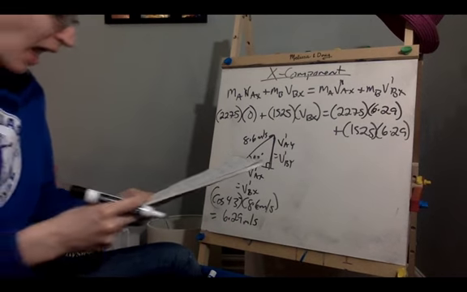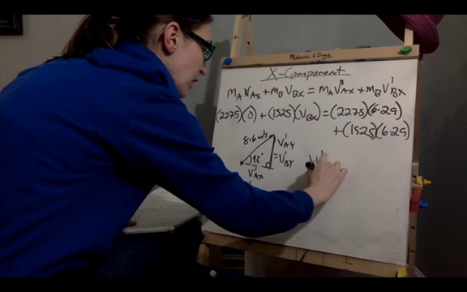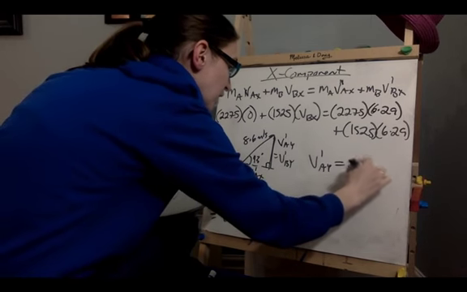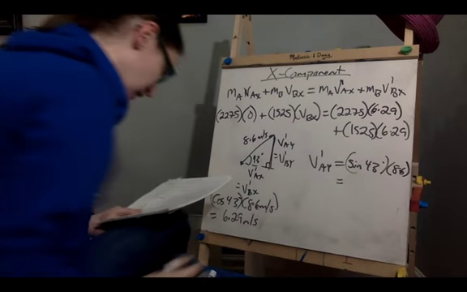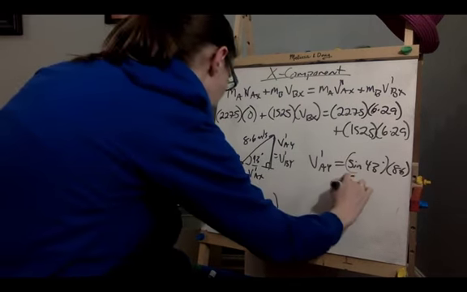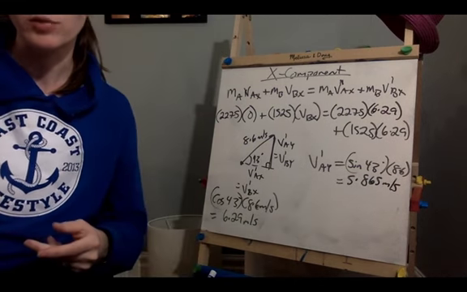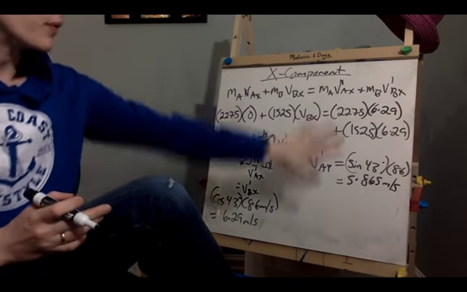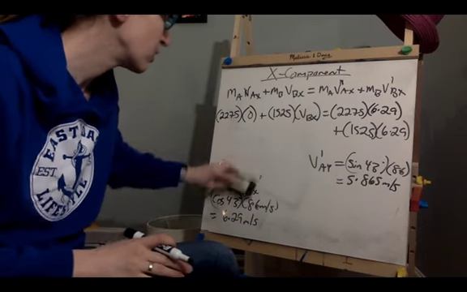And the Y part, V prime AY, which is the same as V prime BY, equals sine of 43 degrees multiplied by 8.6 meters per second, and we get 5.865 meters per second. I'm going to keep those extra decimal places going through. Sorry about that, but this is where that 6.29 number comes from.